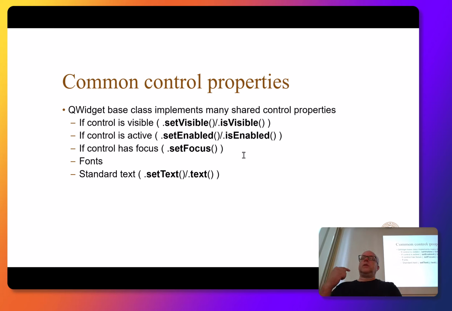The user sees that it's still there, but you don't encourage them to press it. For example, if you have results in an application and you haven't done your computation, you can disable the show results button. It's still there, but it tells the user, okay, it's not available right now. You can check the status there with isEnabled as well.